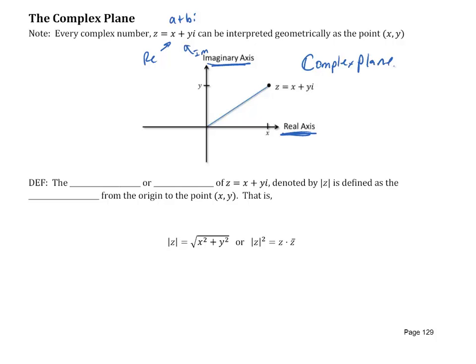So, for example, if I said 3 plus 2i, that would mean go over 3 and up 2, and you've got some point. If I said negative 2 plus 1i, that would be over 2 to the left and up 1. So points now have a location.